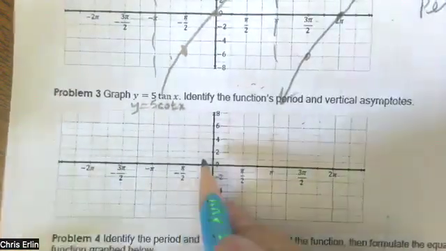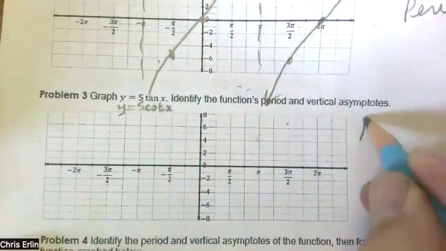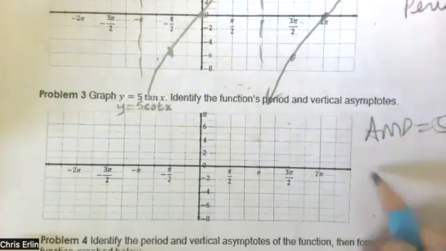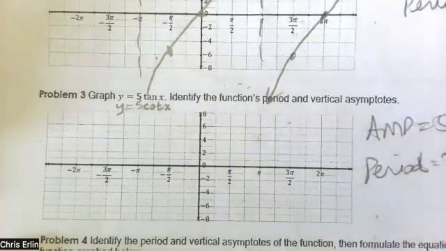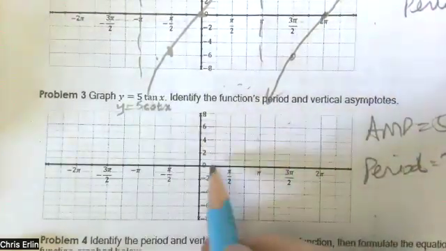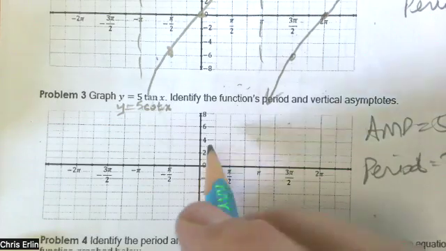All right. So what's our amplitude here? 5, good. What's our period? Pi, no change. And so when we start a cotangent, instead of starting at 0, what do we start with? What's the reciprocal of 0? Asymptote.